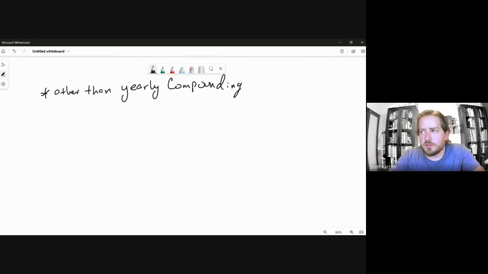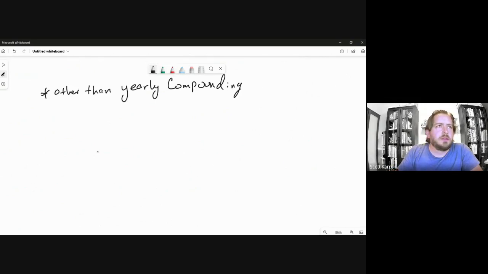Sometimes they'll compound quarterly, which is 4 times a year. Sometimes, if you go to those title loan companies, they'll compound weekly because they're horrific people. But we might see all sorts of things.